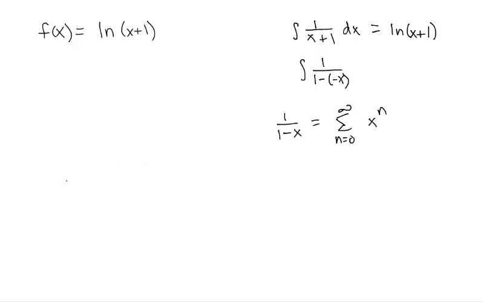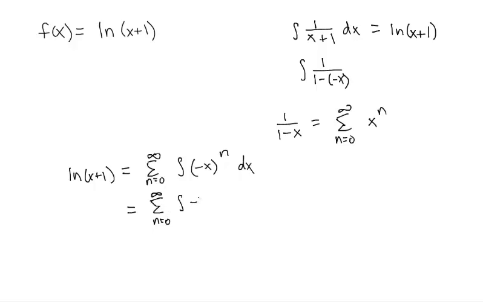So now I can say that ln of x plus 1 is equal to the sum from n is equal to 0 to infinity of the integral of negative x raised to the n dx. And now I can also rewrite that as negative 1 to the n times x to the n dx.